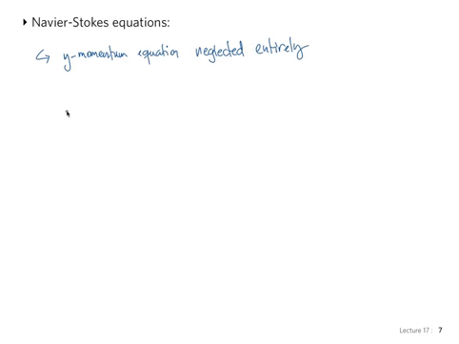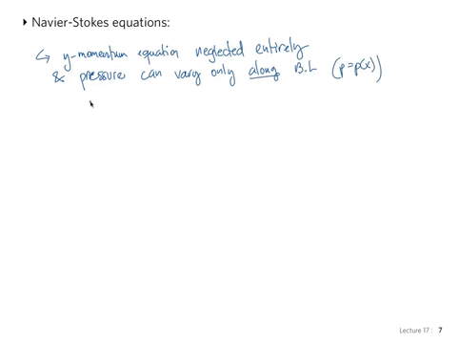And the pressure can vary only along the boundary layer, and for a flat plate is constant. P is equal to P of x. And for the flat boundary layer, which I'm going to abbreviate BL because otherwise I would write it too many times, pressure is equal to a constant.